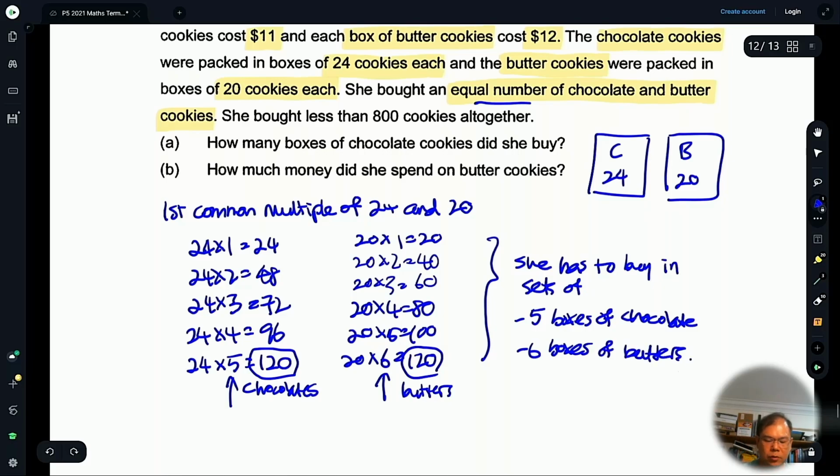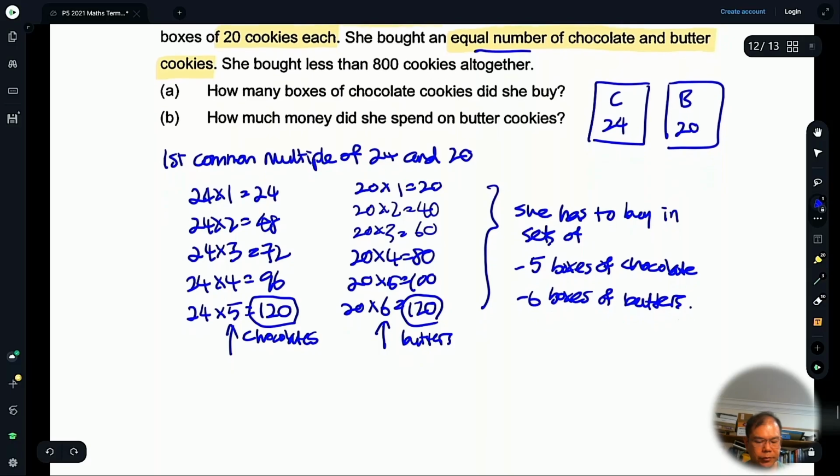Okay, so that means for every 5 boxes of chocolate cookies, you have to buy 6 boxes of butter cookies, so as to get the equal number of chocolate and butter cookies at the same time. Okay, so now we know that she has to buy in these sets, right?